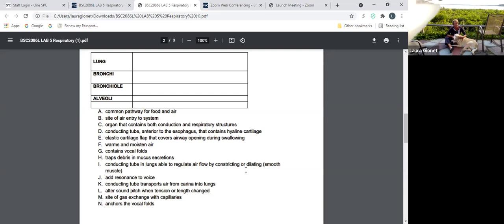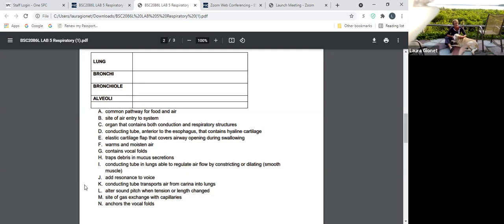And so I would review what are my sympathetic and parasympathetic airway responses. In sympathetic mode, you want to bronchodilate, and you want to let more air into the system, reducing the resistance to the flow of air. And in parasympathetic stimulation, you want the bronchioles to constrict. Right, J, add resonance to voice. That would be the sinuses as well.